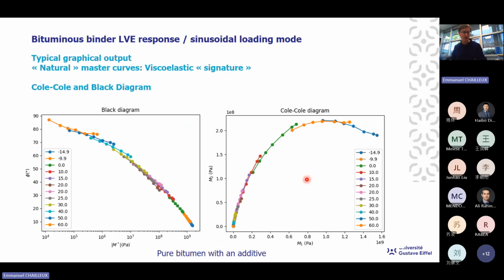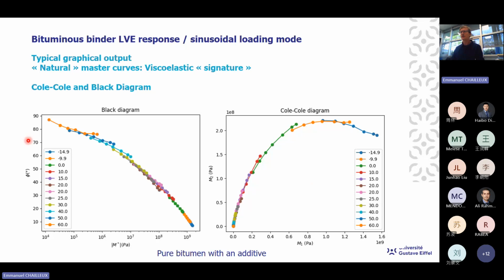But another way to observe the viscoelastic behavior of our material is using what we call the natural master curve, which corresponds to the viscoelastic signature of our material.